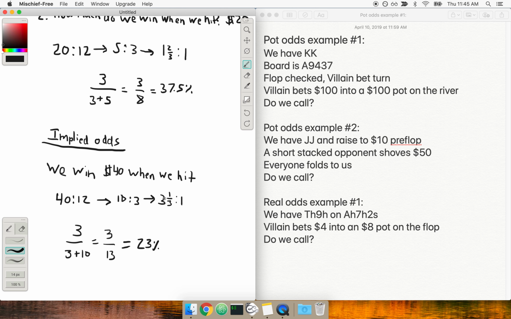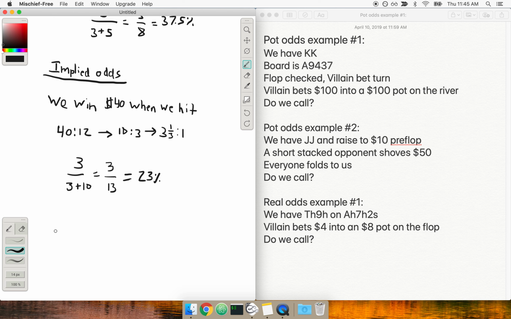So now it's looking like we have a very clear call. We have 36% and we only need 23%. And that's very close to what I'd say is the final answer. But there's one more thing to think about here, and that's called reverse implied odds.